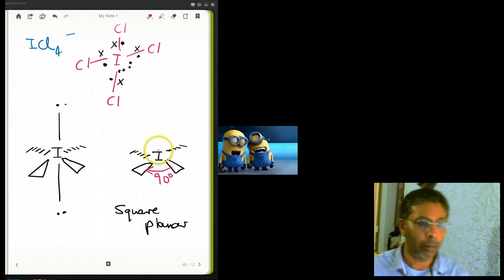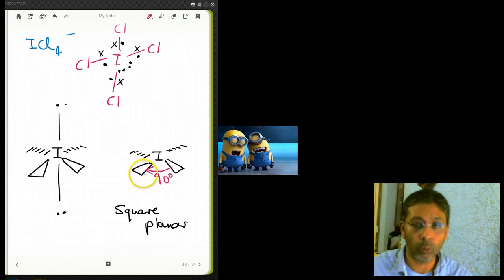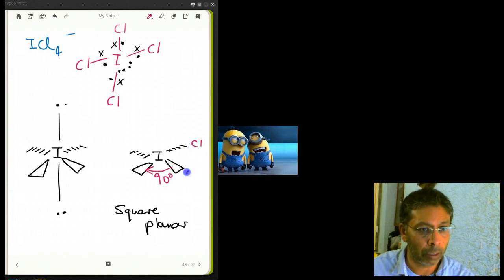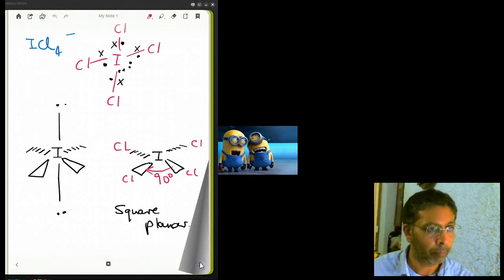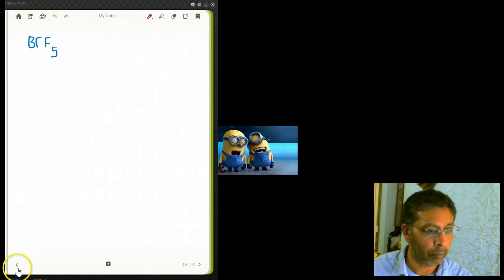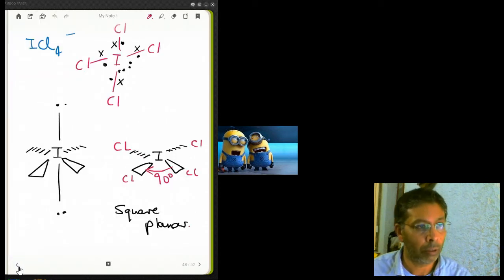Okay, and the lone pairs sit there and just underneath, which we don't count. We don't look at those to name the shape. It's just the actual atoms that we're looking at. Cl, Cl, Cl, and Cl. So square planar. It's a flat molecule. Next one. In fact, is it a molecule? No, it's an ion. So it's a square planar flat ion.